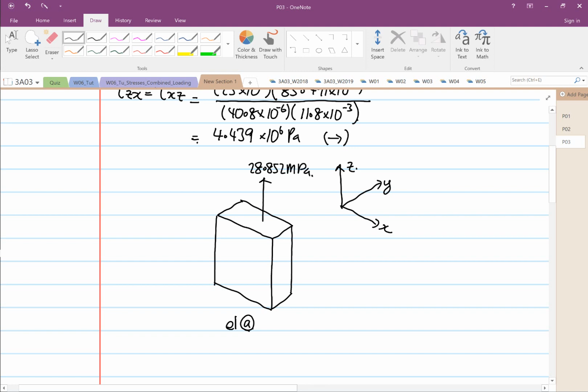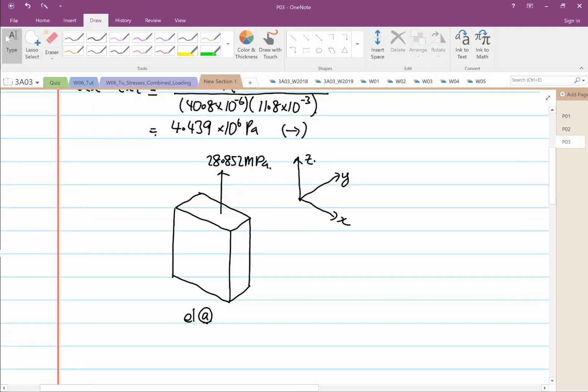And then the shear, we don't know which direction we are using yet. So I'm going to declare positive to be going in that direction.